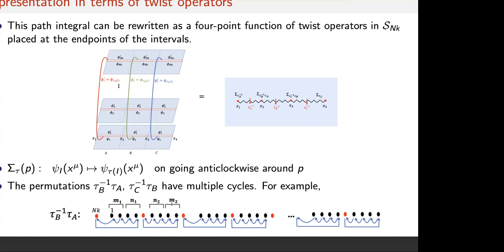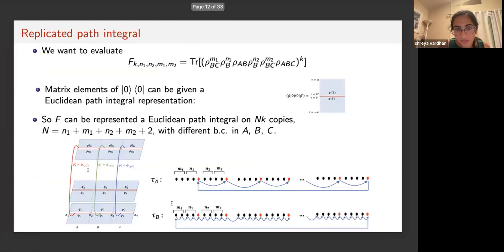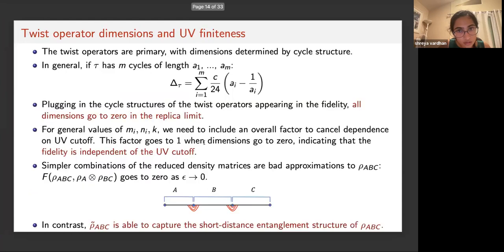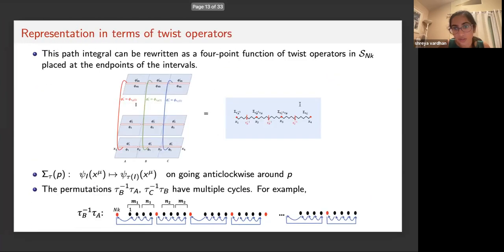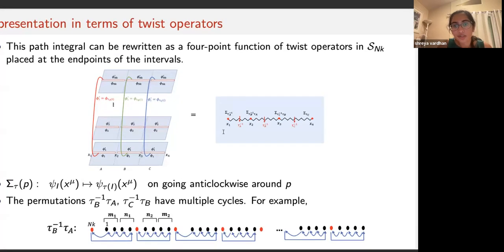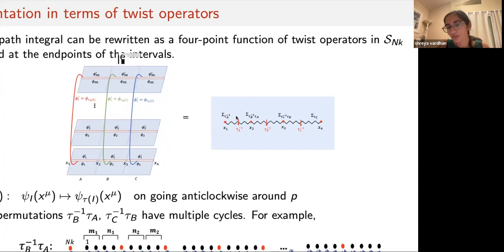Thank you. Sorry to be so. No problem. One thing related to what you mentioned though: the twist operators appearing here, we're not doing a sum over different elements of the conjugacy class. These come with Wilson lines or branch cuts.